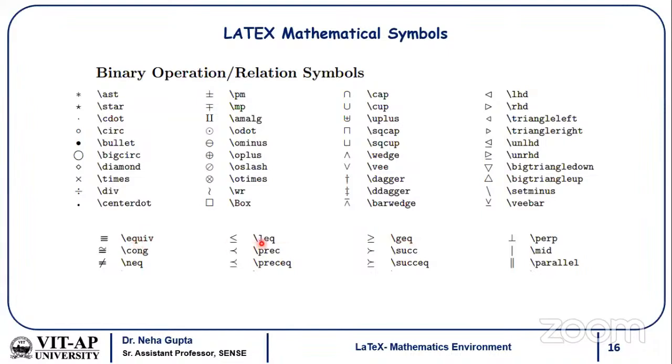Here we have \leq, less than or equal to. Here equivalent, then \equiv. The same things we call by name are written as commands in short form, not with the full name, like here plus minus is written with \pm. So these are the things. If you want anything like the parallel symbol, these things can be used. Okay.